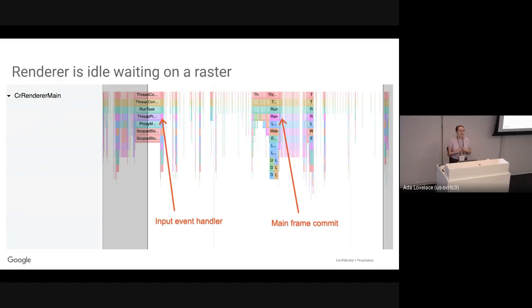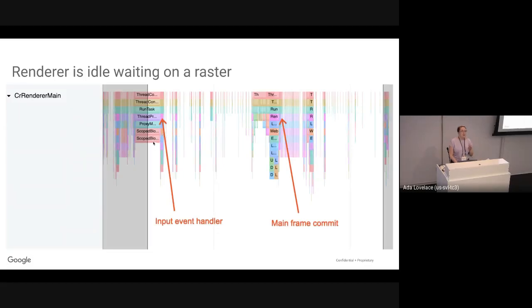So the first case that we have, this is an image of an actual trace. This is the input event handler, which is, like I said, when we say the handling time starts. So we get the input event kind of at this boundary here, and then we handle it pretty soon after we receive it.